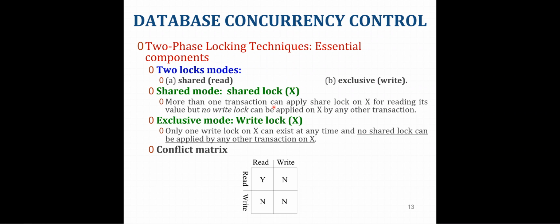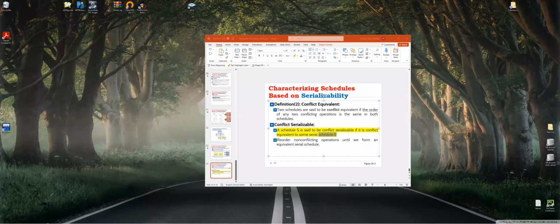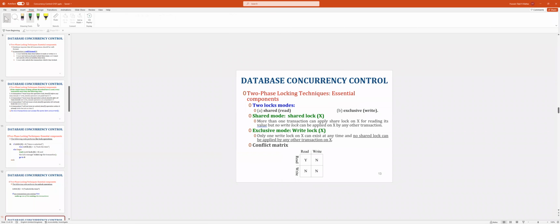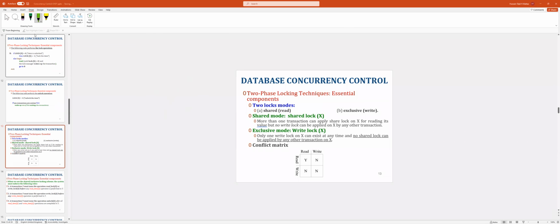For example, let me give you a simple example. Can I write here? Yeah, good. So for example, I have this schedule, T1, T2, and T3.